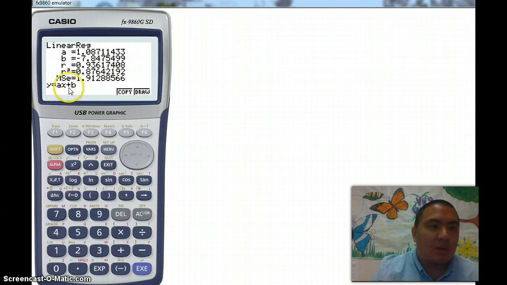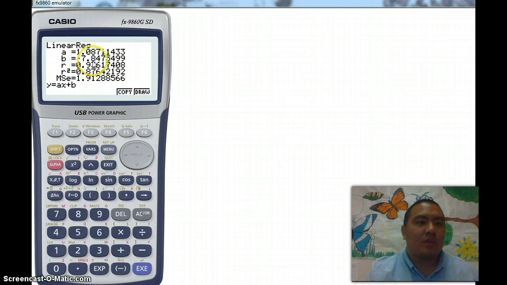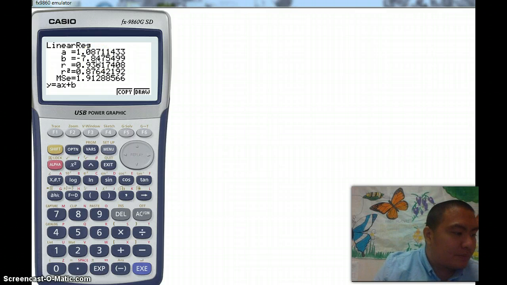And if we want to write the linear equation, it's going to be y equals a, which is 1.09 x, plus b, and then the b is negative 0.785. So that would be the second part of our equation.